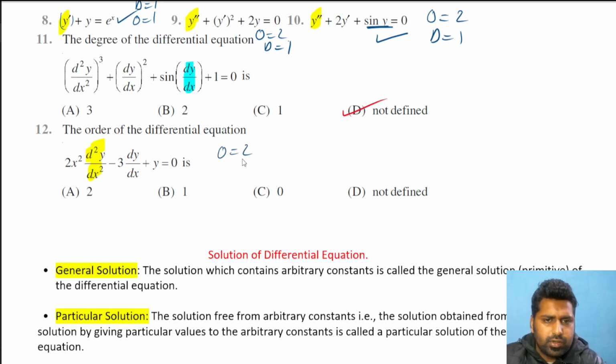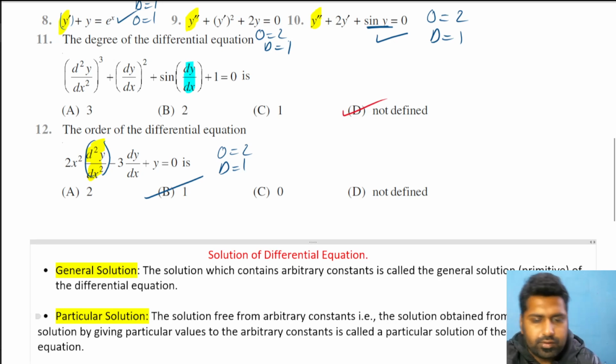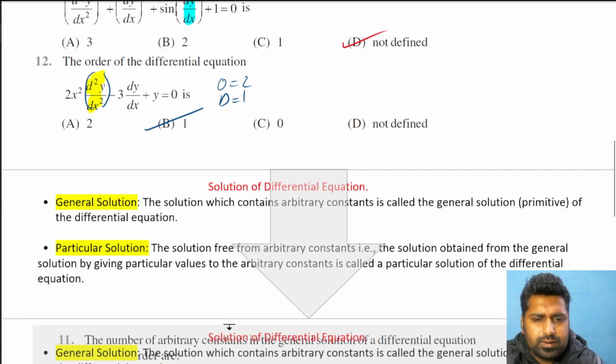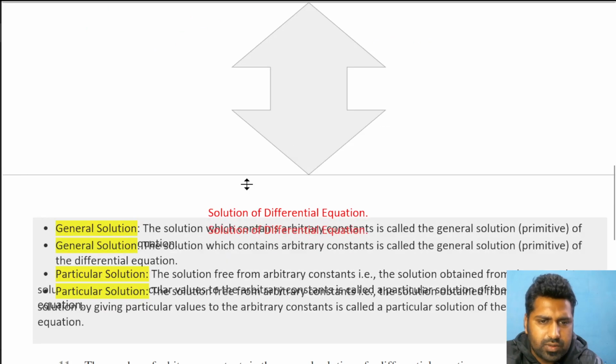Order is 2, and its highest power available is 1. So degree is also 1. They have not asked, but still we have solved it. Now these were straightforward questions. Now let me give you some typical ones which will make you work slightly, not too much.